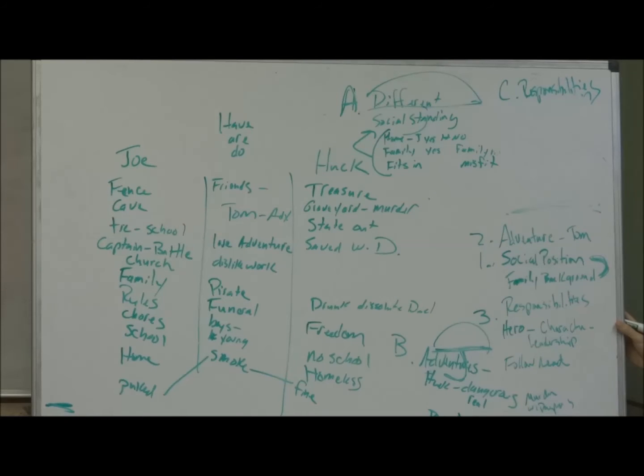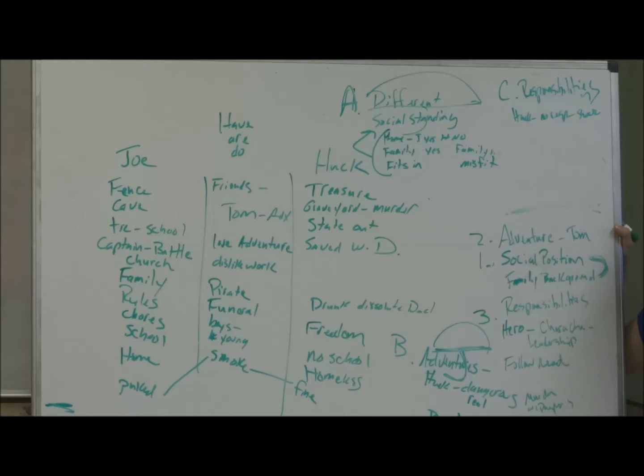I don't know how good this would be, but I know they were complaining about having to get nicely dressed, and Huck just could wear whatever he wanted, could go barefoot. So how would you put that in there? Responsibilities. In a sense, Huck had no responsibilities in terms of wearing shoes, right?